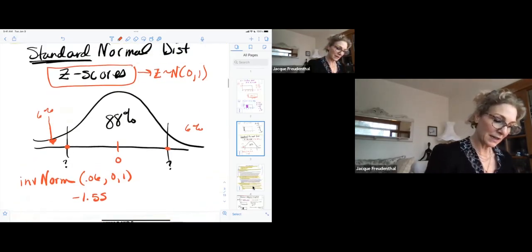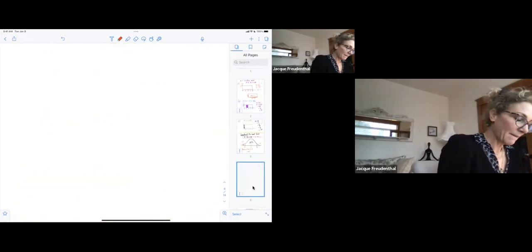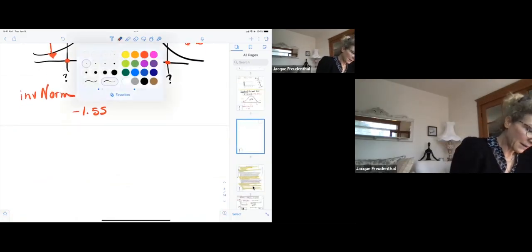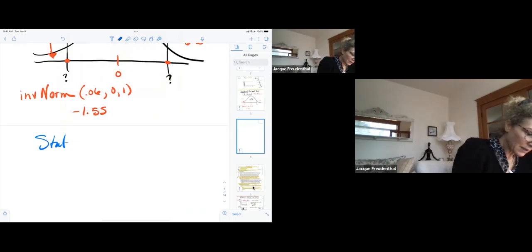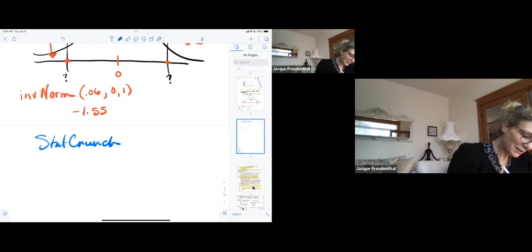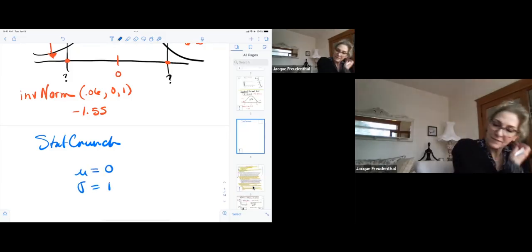On StatCrunch, you would just leave the area blank. Let me just remind you how to use StatCrunch. Okay, on StatCrunch, you would say, get a pen here. So StatCrunch, and you know, I'm not going to keep writing this, but stat calculator is normal. And then you would go into, it'll say mean and standard deviation. So choose 0 and 1.